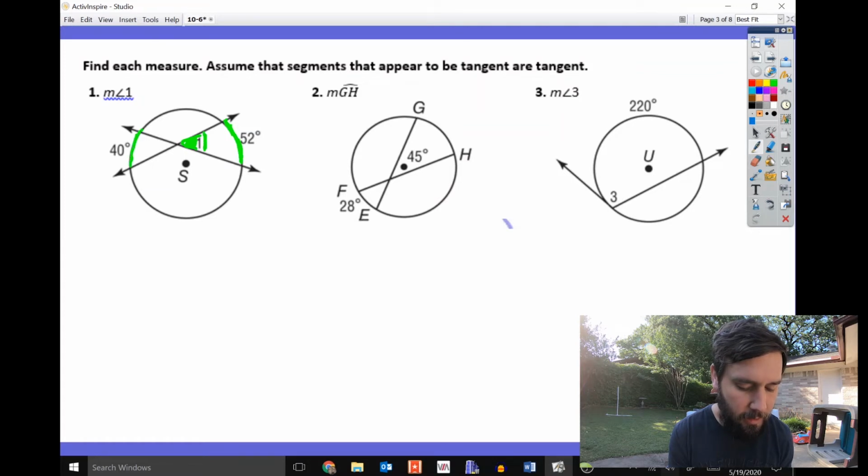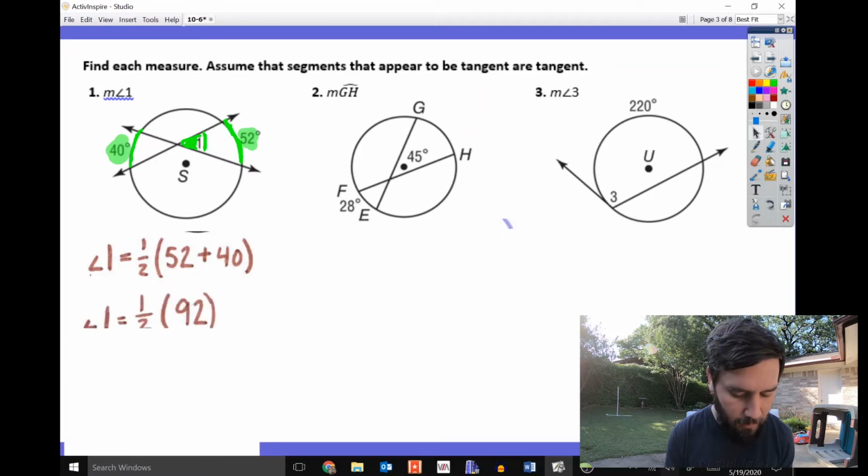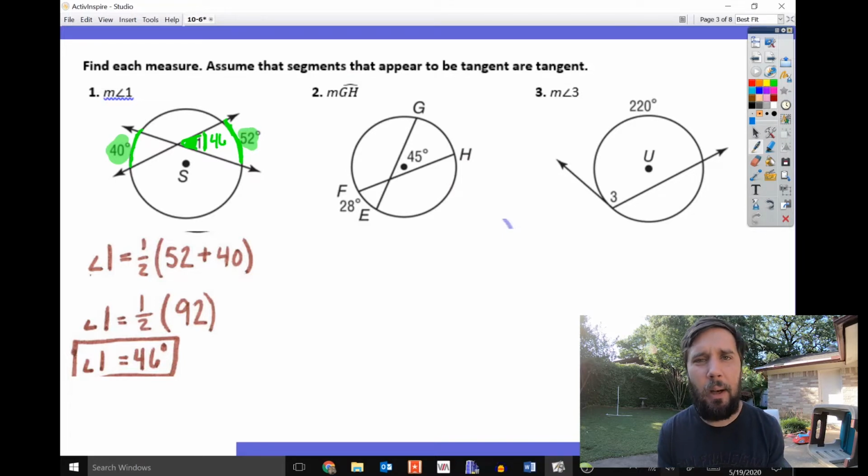So the measure of angle 1 is 1/2 the sum of 52, the arc in front, and 40, the arc in back. 1/2 the sum of 92 is 46 degrees, so this angle is 46. Easy enough. All you have to do is add them up and divide by 2. You just have to find the arcs.